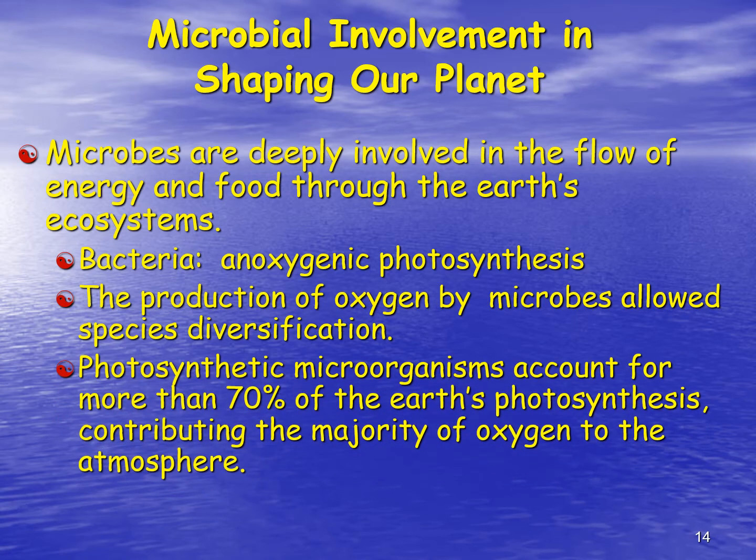Photosynthetic microbes account for more than 70% of Earth's photosynthesis, contributing therefore to the major amount of oxygen that we see in our atmosphere. Algae is one of the largest groups of these microbes that contribute to the overall atmospheric oxygen content.